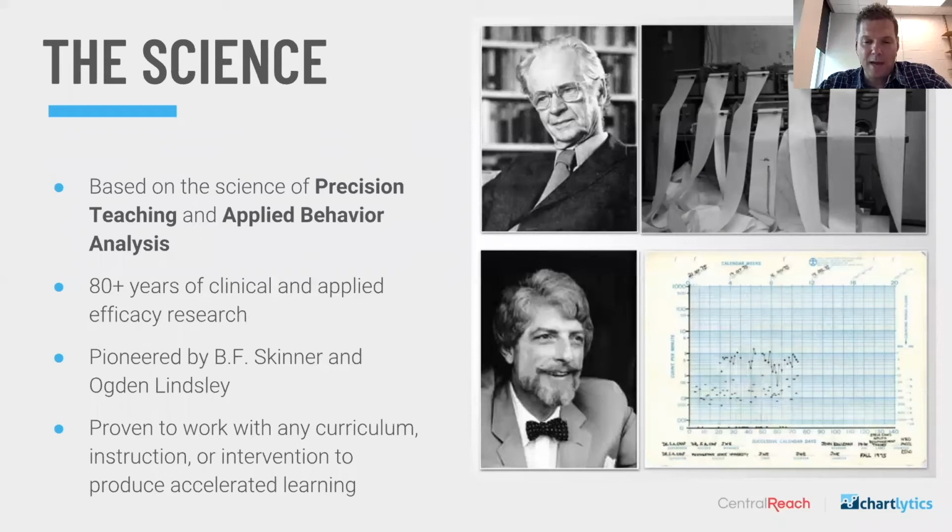Lindsley enhanced that. Skinner worked with his cumulative records, had animals that would maybe tap a lever, or peck a lever, a disc, or they had paws, they would hit the lever, and that would create a real-time data display. What Lindsley did, because of his background in engineering, is he had a ratio chart, and you can see that there.